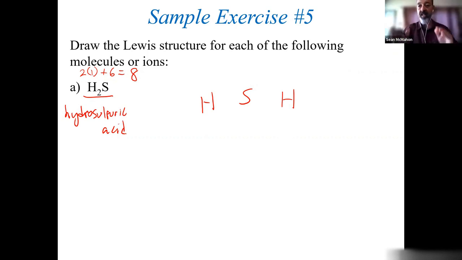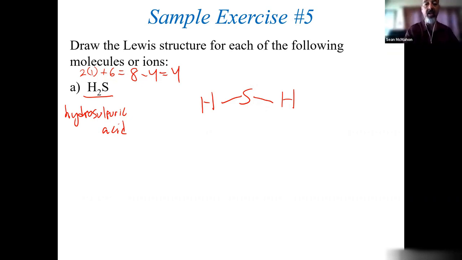So I have 8 valence electrons. The first thing I have to do is draw the bonds. There are 2 bonds, 2 electrons per bond. I've used 4. So 8 minus 4 means I have 4 remaining. With the 4 remaining, I add lone pairs first to the outer atoms. But there's an exception.